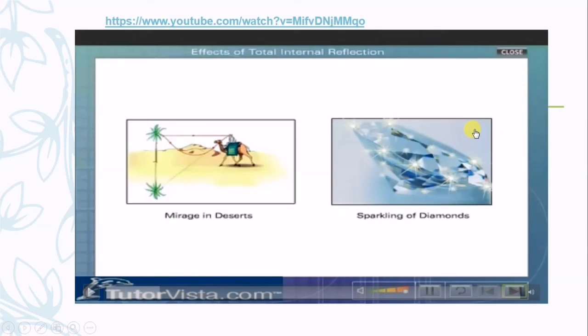In order to exit it, because, girls, we said the light refracts only when the angle of incidence is less than the critical angle. If the angle of incidence is equal to the critical angle, the light makes maximum refraction and the refracted ray touches the boundary. And if the angle of incidence is more than the critical angle, it will be totally internally reflected.